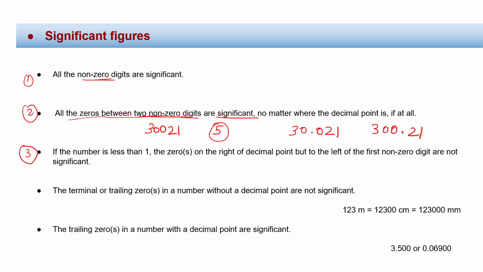We'll see why these rules are so important. I can give you one example. If we are adding or dividing any digits, sometimes in the calculator we get up to many decimal digits, so how do we decide up to where we have to keep? There it's very important, because the calculator gives us many decimal digits, but the resolution of the instrument has some limit.